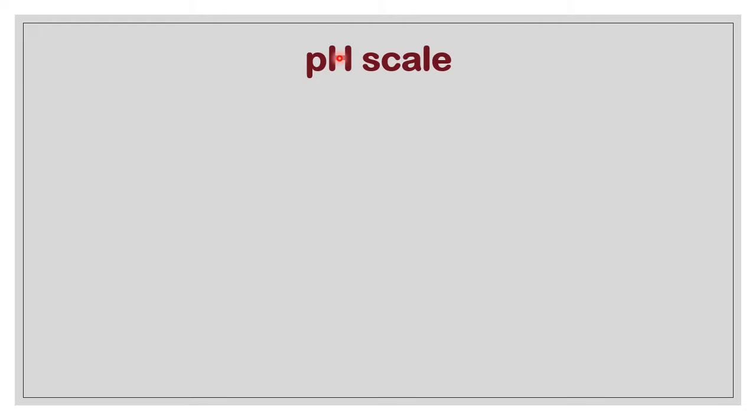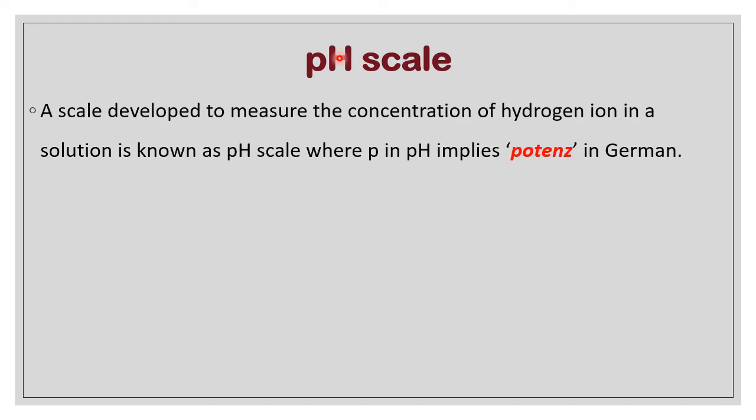Depending upon their ability to furnish H plus ions and OH minus ions, they are measured as strong or weak acids or bases, and that is known as the pH scale. A scale developed to measure the concentration of hydrogen ion in a solution is known as the pH scale, where P in pH implies potenz in German, meaning potentiality, power of hydrogen ion concentration.